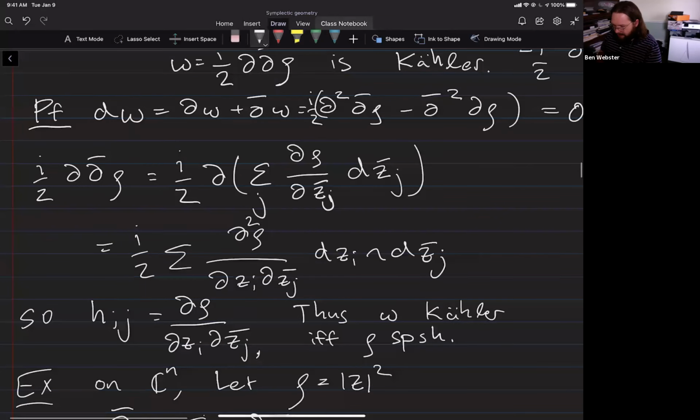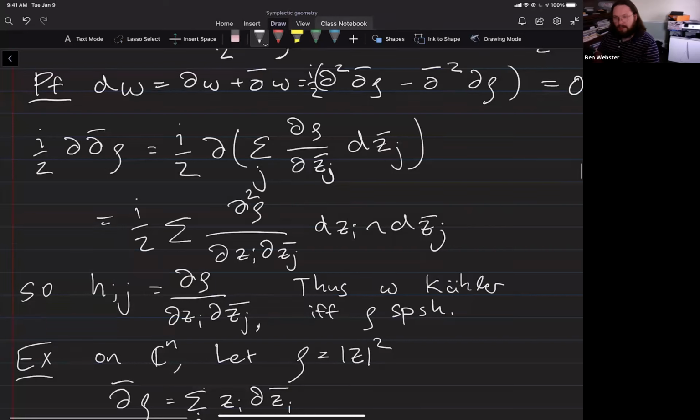On the other hand, if I write out explicitly what's happening, these mixed partials, the derivatives with respect to z_i and z_j bar, are exactly the coefficients of dz_i wedge dz_j bar. And we had already seen before that being Kähler was basically equivalent to being closed and to this being Hermitian positive definite.